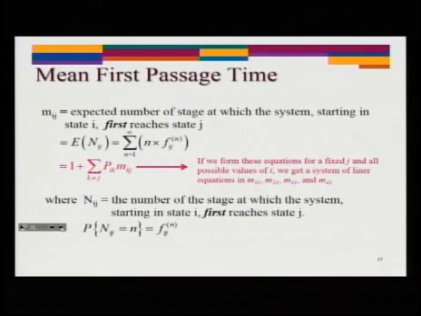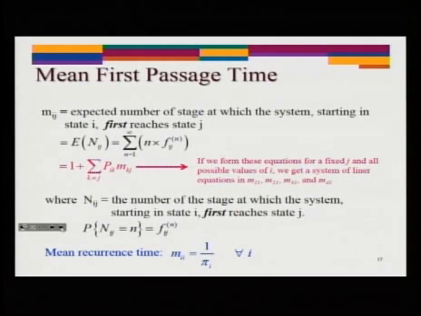So when you consider the mean first passage time, let's say m sub ij, if the subscript i is equal to j, then this first passage time is the number of transitions until the process returns to the initial state i.